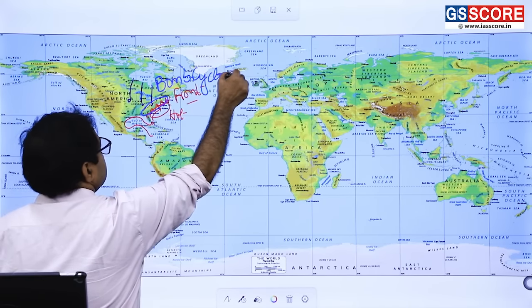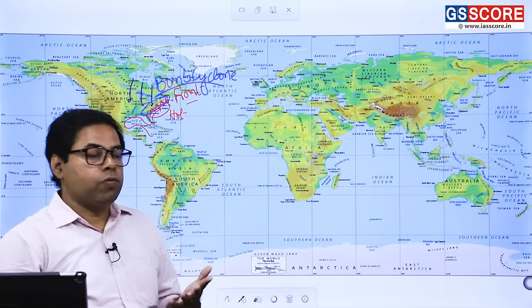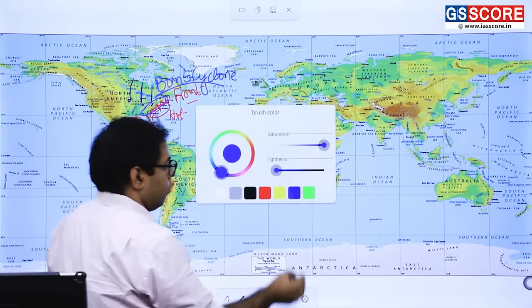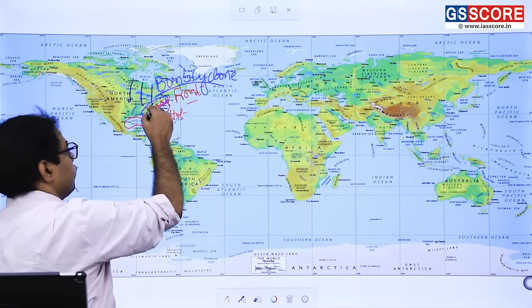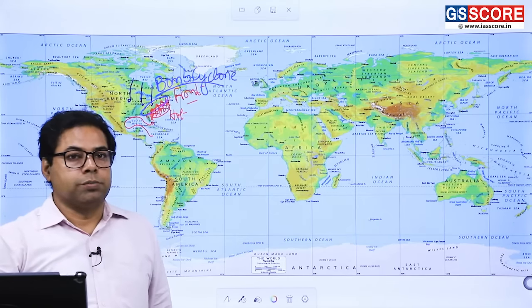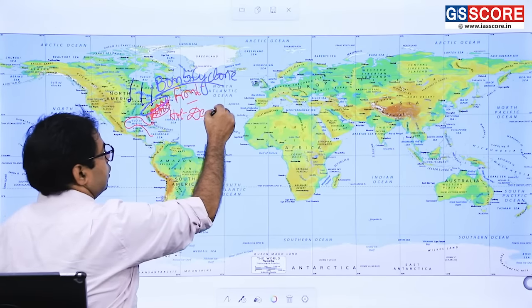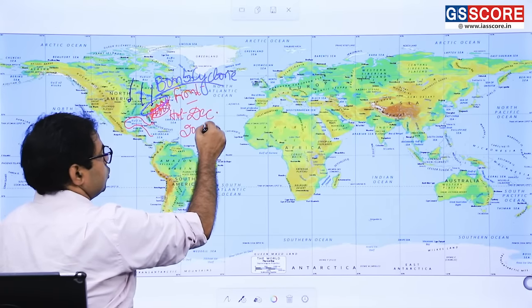That was because of excessive heating of the ocean water under the effect of the warm Gulf Stream. That was observed in December 2022.